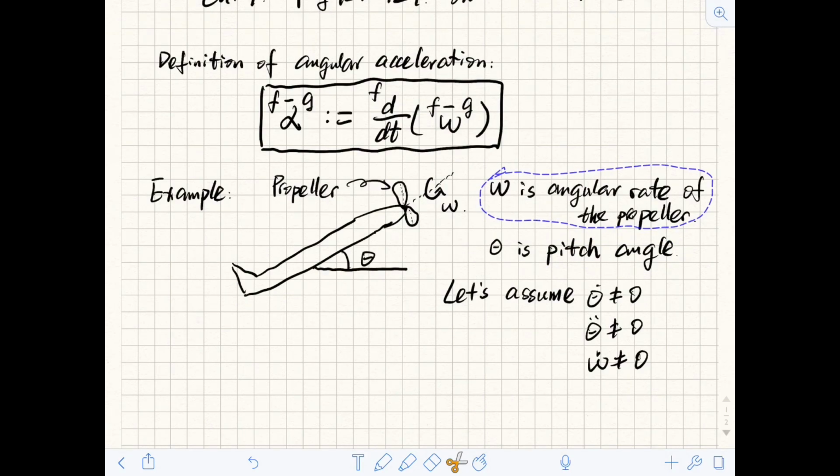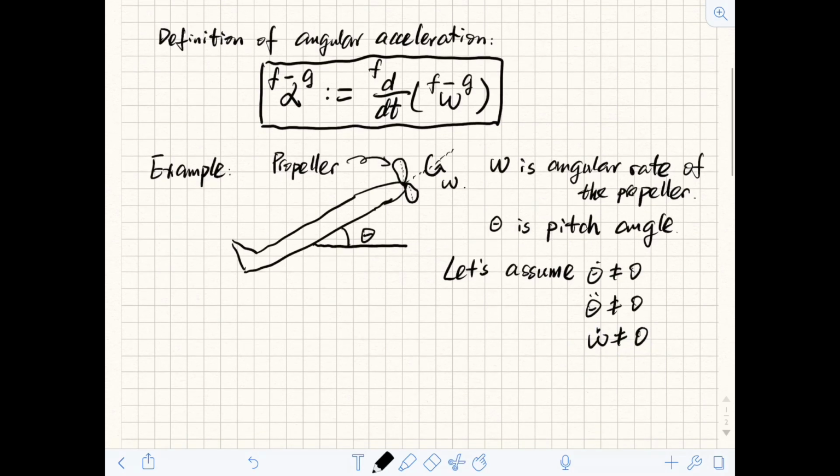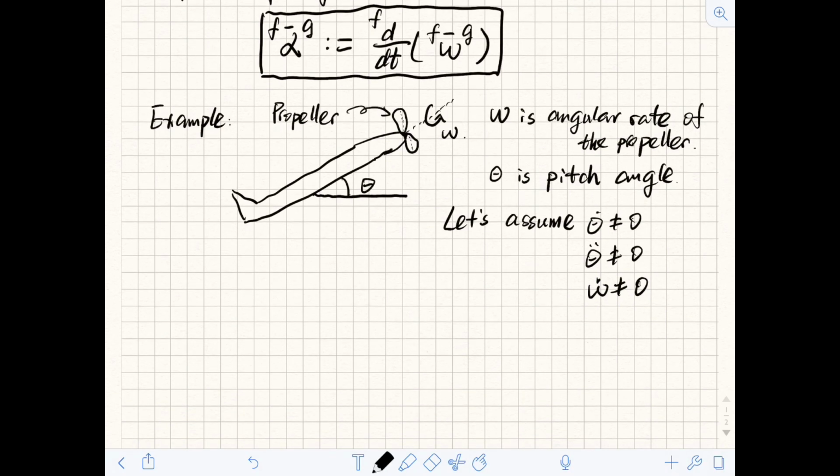Let's assume that theta dot, theta double dot, and omega dot are non-zero. So to find the angular acceleration of the propeller relative to the inertial frame, let's mark it F.